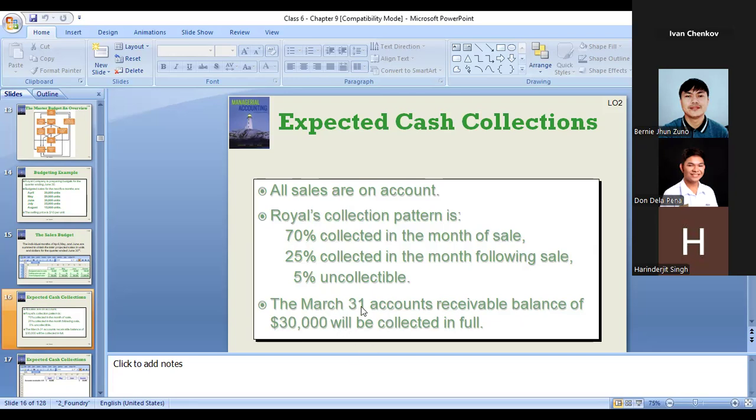Now on March 31st, our accounts receivable balance was $30,000, and that balance will be collected in full in April. So once we have this information, we can start working on and preparing our budget to see how it's going to look.